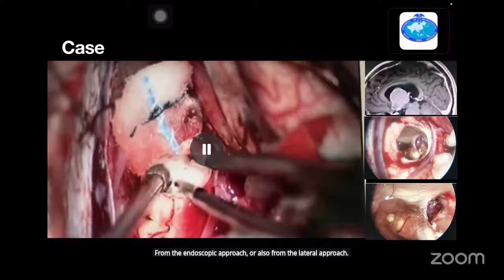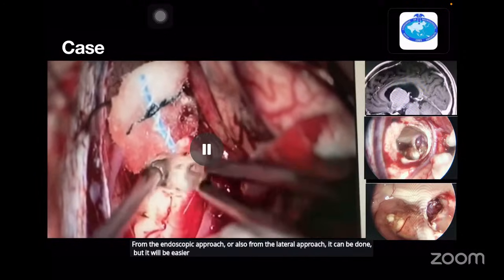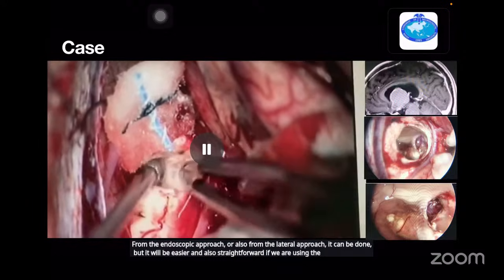It can be done, but it will be easier and more straightforward if we are using the anterior interhemispheric approach.